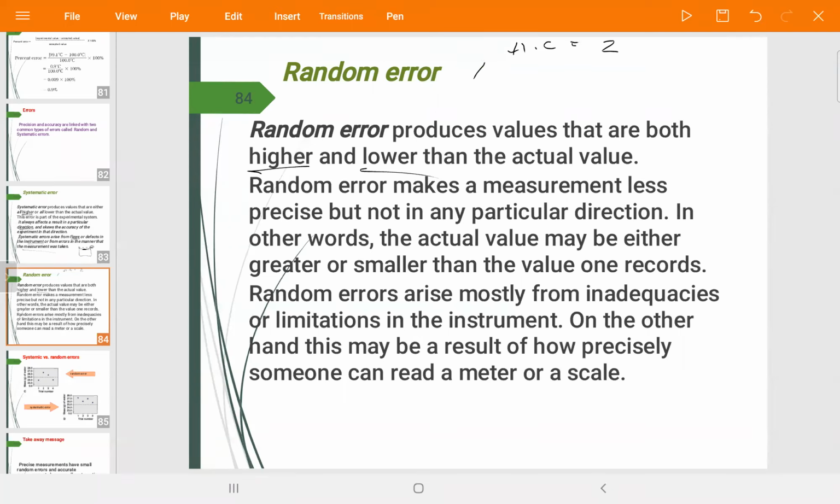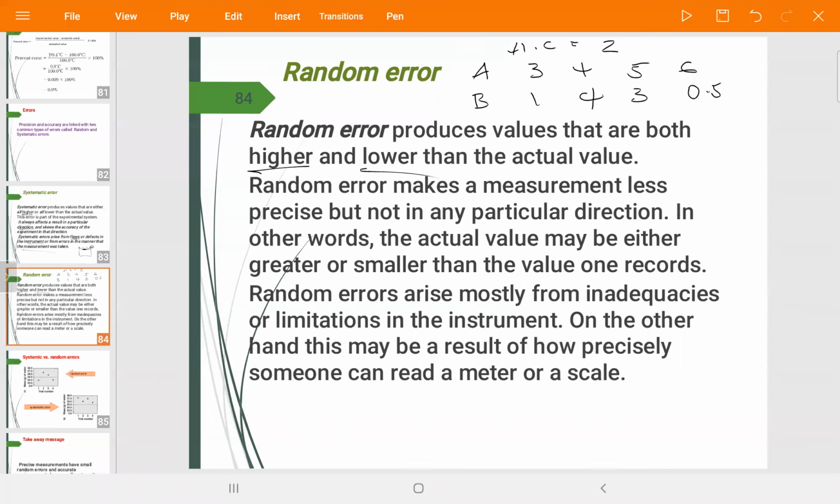Now let's have students A and B. Student A measured 3, 4, 5, 6, and B measured 1, 4, 3, 0.5.